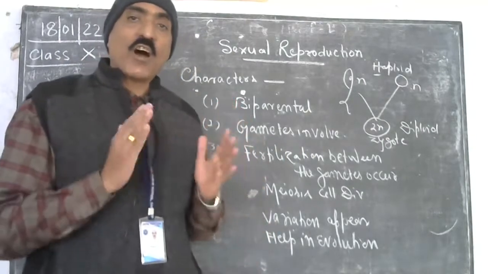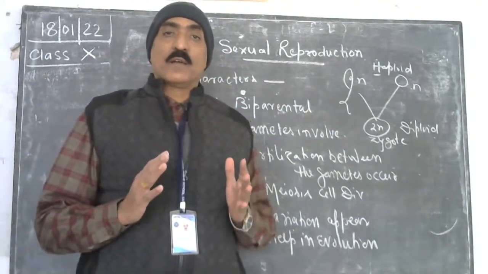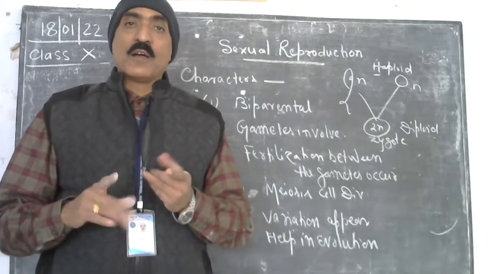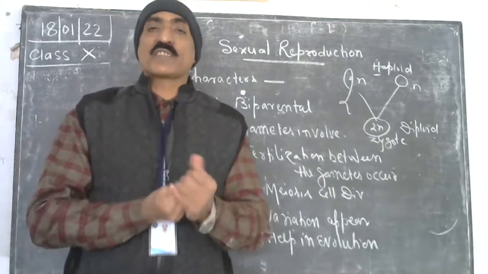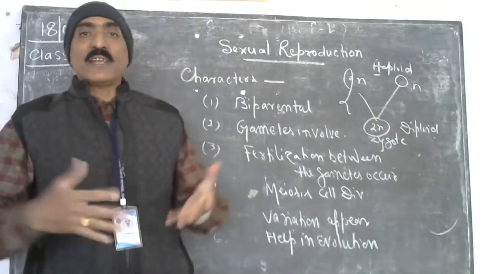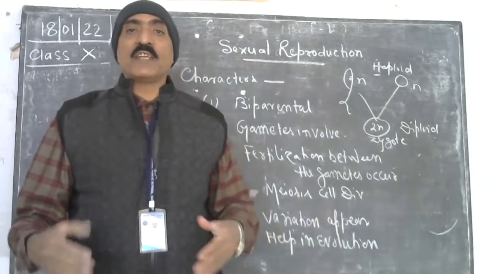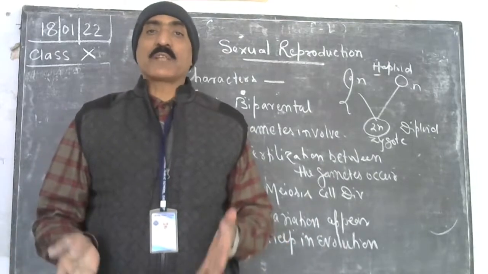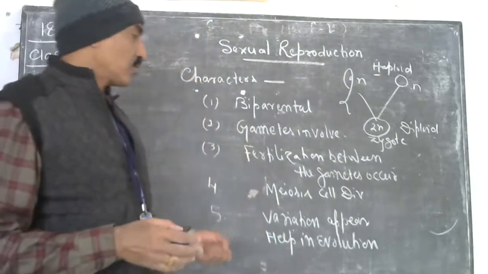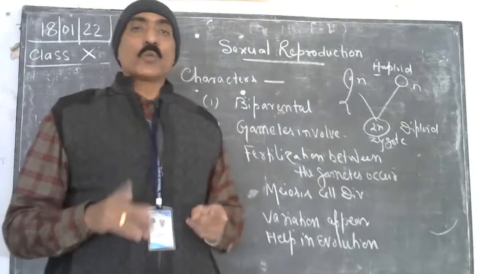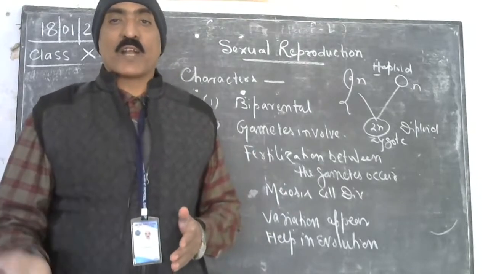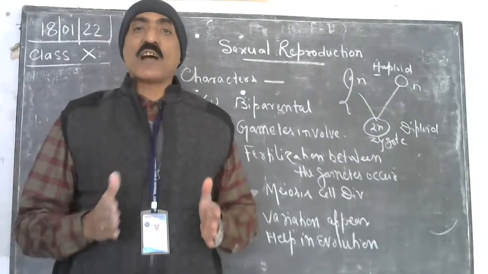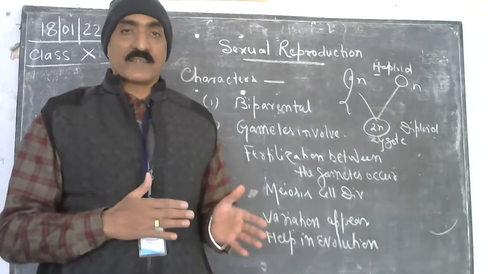Now, when meiosis division occurs, the total number of chromosomes is reduced to half. In that reduction process, many changes appear, and many recombinations of the genes occur. Side by side, sometimes mutation occurs, through which organisms produced by sexual reproduction are not identical to their parents.